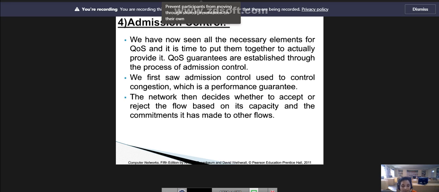If it accepts, the network reserves capacity in advance at routers to guarantee the quality of service when traffic is sent on the new flow. This reservation must be made at all of the routers along the route that the packets take through the network.